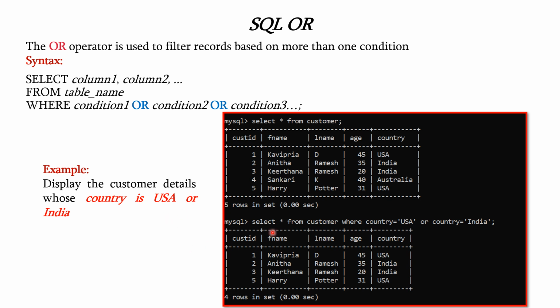We write the query like this: select star from customer where country is equal to USA or country is equal to India. It will display the customers who live in either USA or India. In India we have two members, customer ID 2 and 3, and in USA we have customer ID 1 and 5. So 1, 2, 3, 5, all these customer IDs are displayed here.